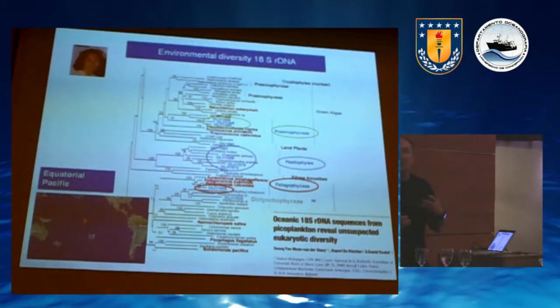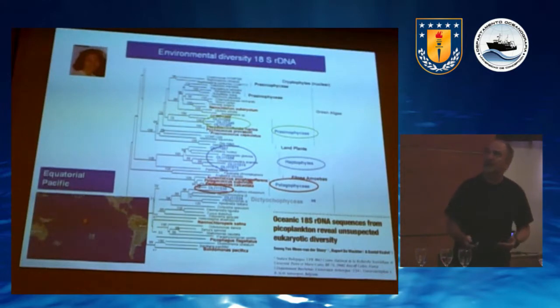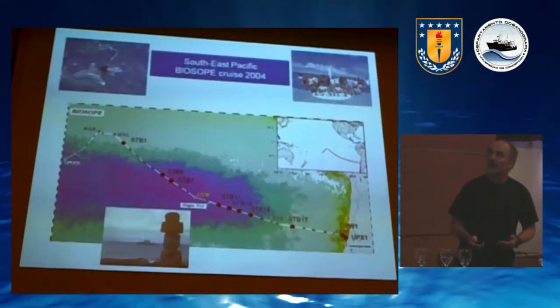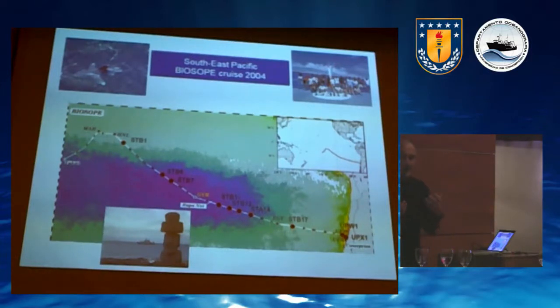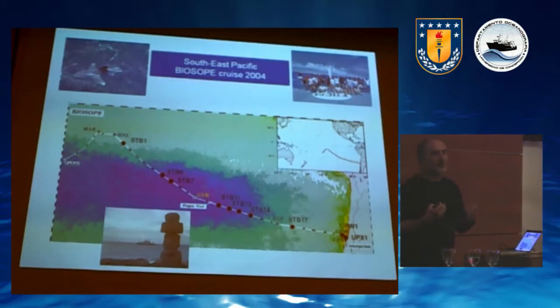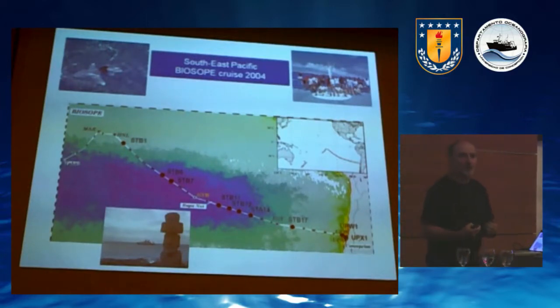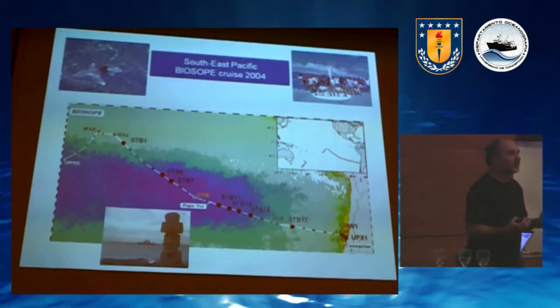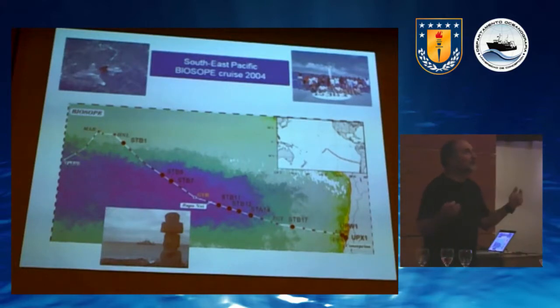So what was true for bacteria is also true for eukaryotes. So we are still continuing our culturing effort, but at the same time we want to understand a bit better what these uncultivated eukaryotes correspond to.